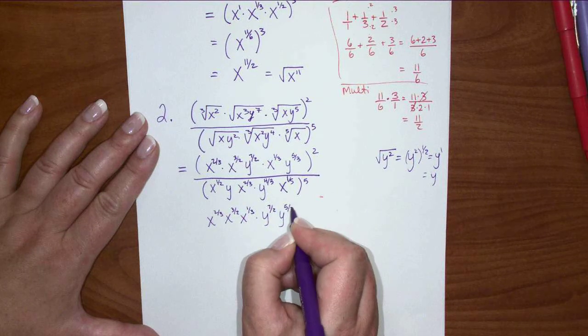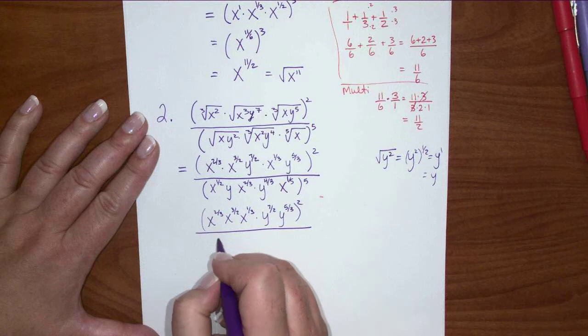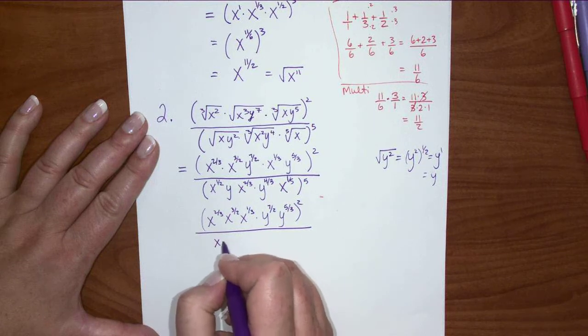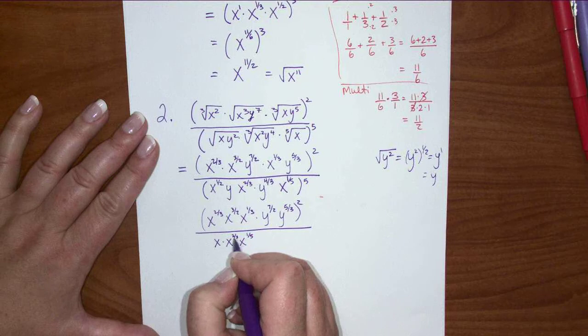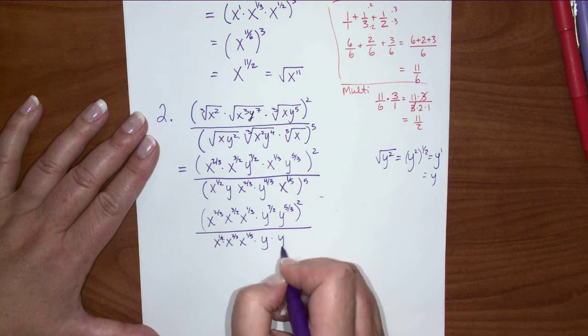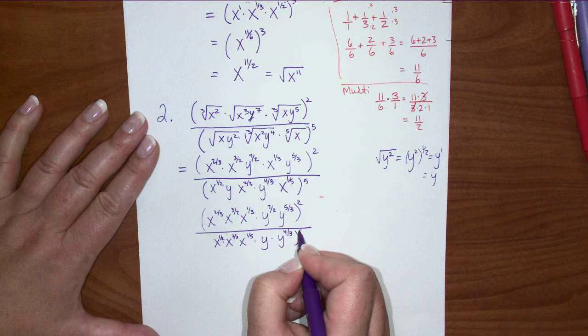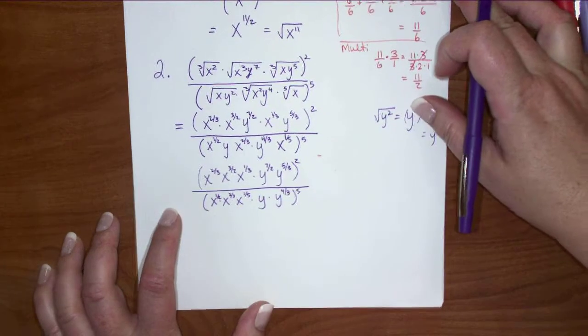You can write it if you want to. And I'm just going to rearrange them so that all the x's are together, and the y's. Okay, sort of an unnecessary step, really, but I want to demonstrate.